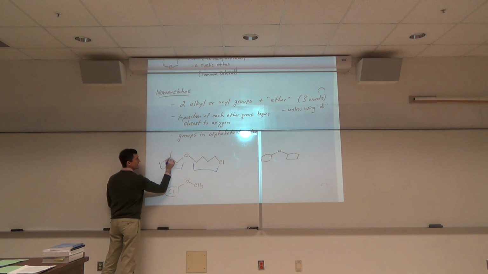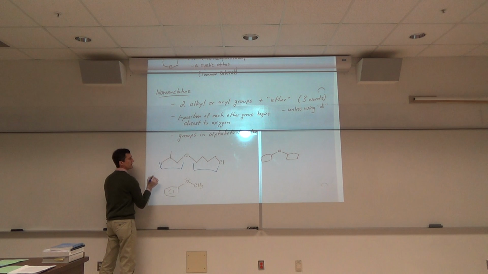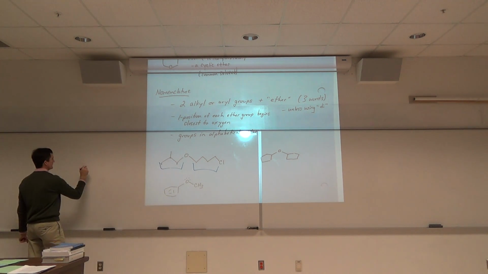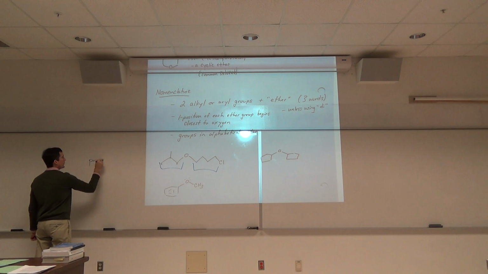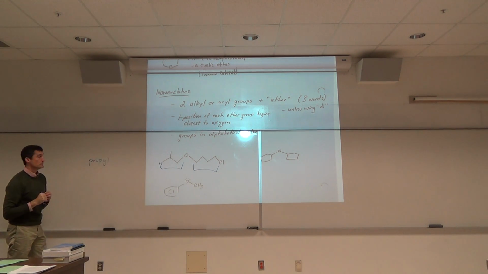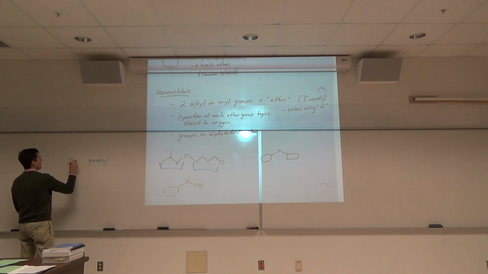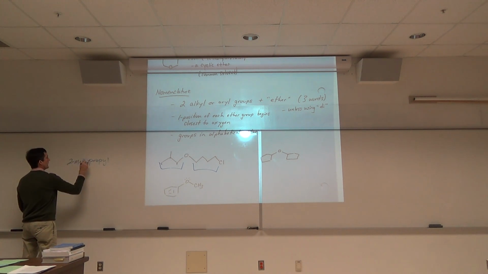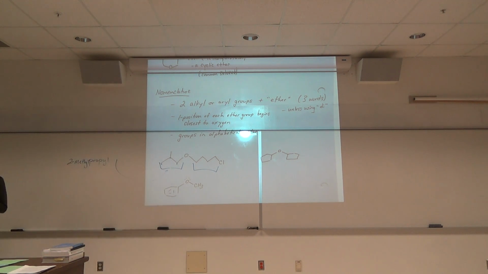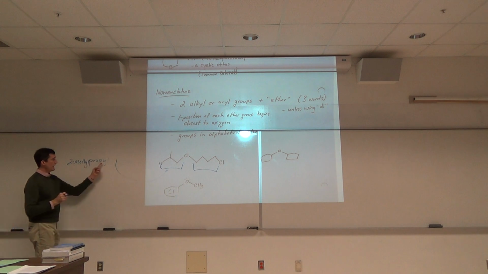Longest continuous chain, that's 2. Either way you go, that's 3. So coming off the oxygen is a what? It's a propyl. 1, 2, 3. What's on the propyl? There's a methyl on the propyl. So that right there is a 2-methylpropyl. YL ending because it's a substituent.